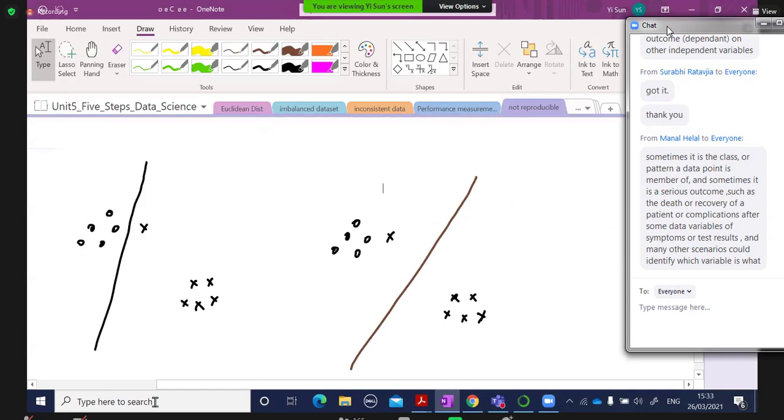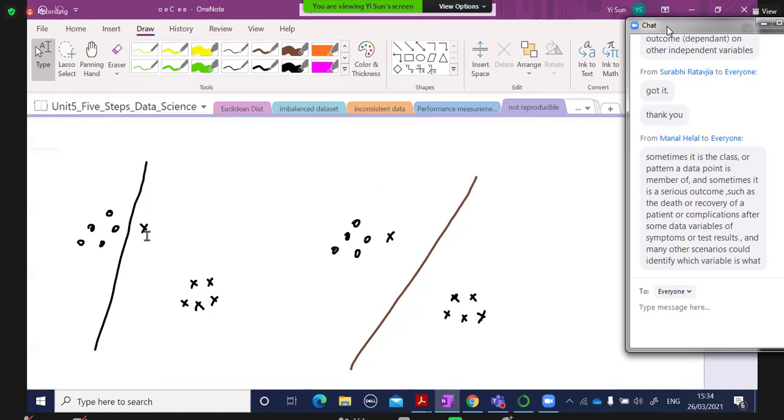I have 2 classes. One is represented by the circle points, and for the other class we use cross signs. Quite often this data point can be an error, introduced by some error.